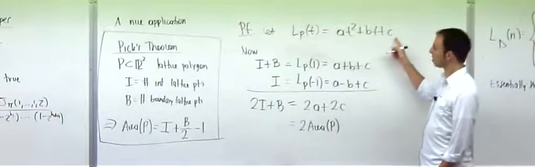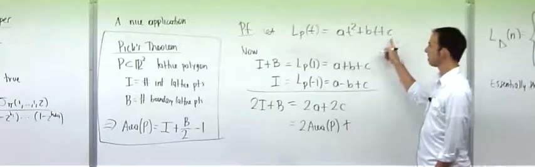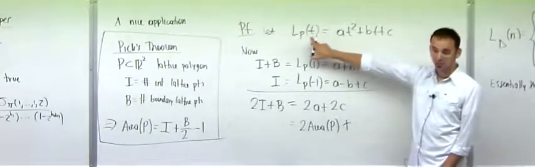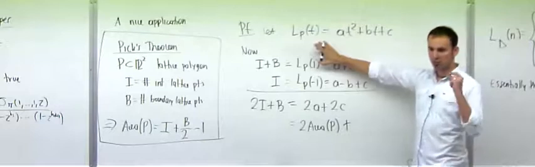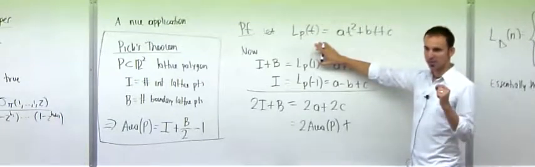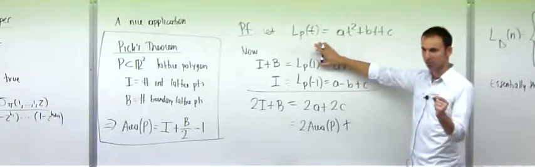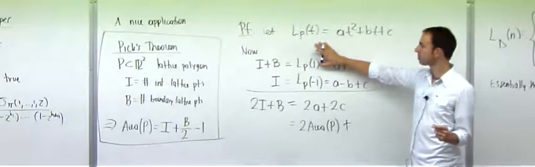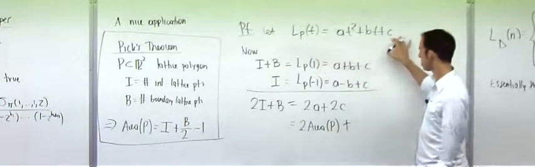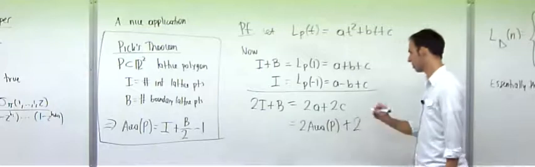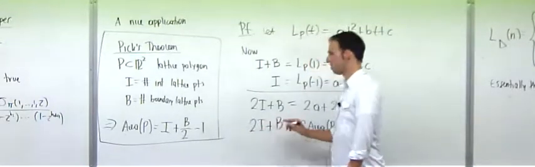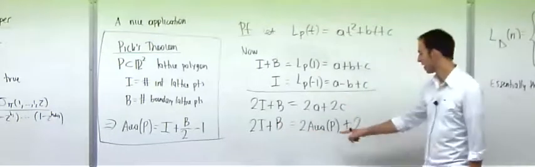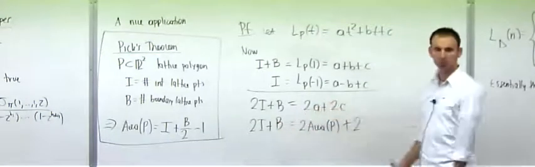And remember why one easy way of seeing that it's 1 is that if you plug in LP of 0, you get C. But LP of 0 is the number of lattice points in 0 times the polytope. And 0 times the polytope is 0, the point 0. So C is 1. So we get this. And that's it. That's the proof. Right? The area of P is I plus B over 2 minus 1.